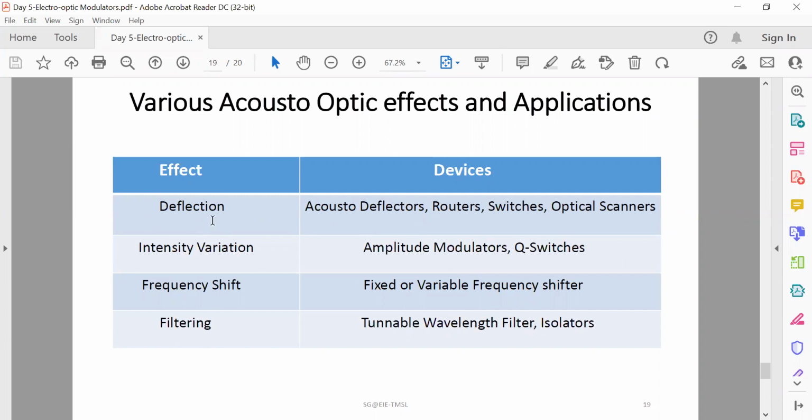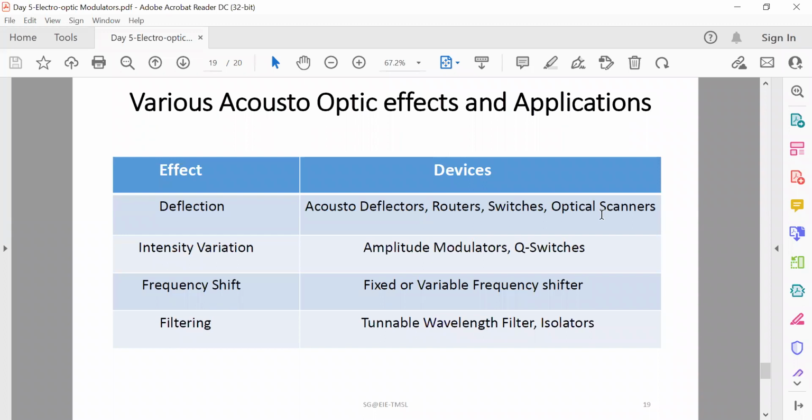Basically, deflection means the angular deviation in the diffracted light beam, which is proportional to the acoustic frequency. That is used in acousto-optic deflectors, routers or switches, and optical scanners.